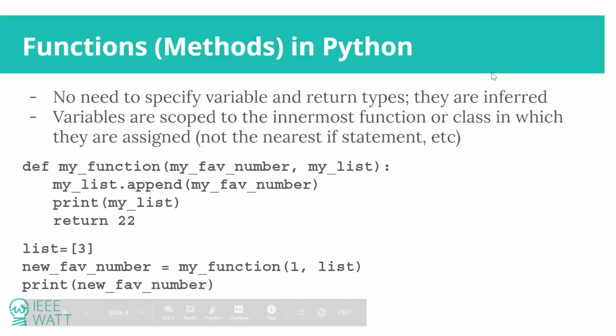Okay, functions in Python. In Python, you don't need to specify variable return types because Python just kind of guesses what type of variable you need. It just figures out what you need for you. Variables are scoped to the innermost function or class in which they are assigned.